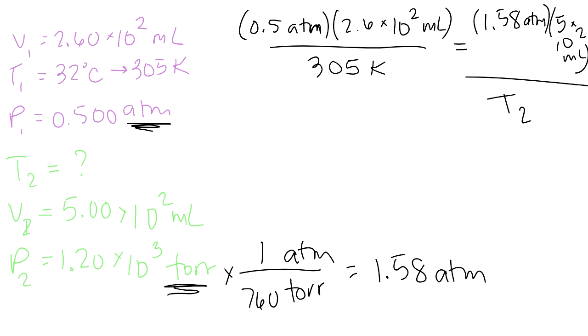So that's our unknown. So again, here we're going to do our algebra, do some cross multiplication. So try that out, see if you end up with a value for T2.